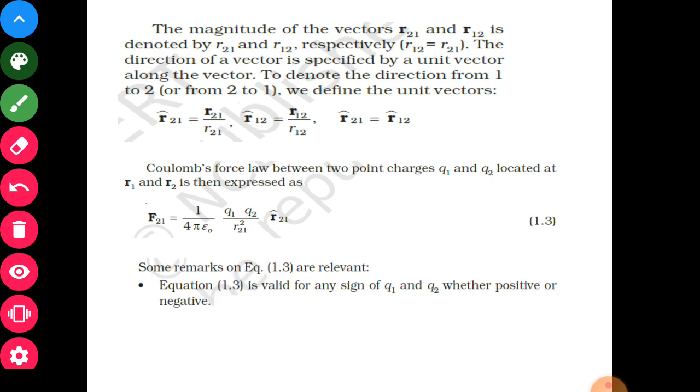Similarly you can write force on 1 by 2, but that force will be opposite in direction. So F21 and F12 are equal in magnitude and opposite in direction. This equation is valid for both positive and negative types of charges.